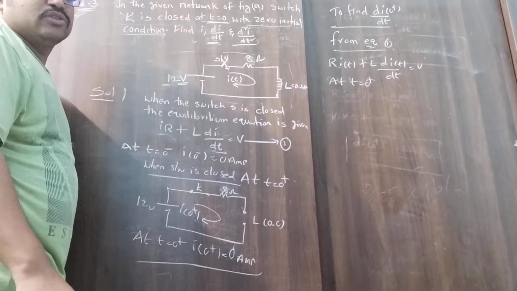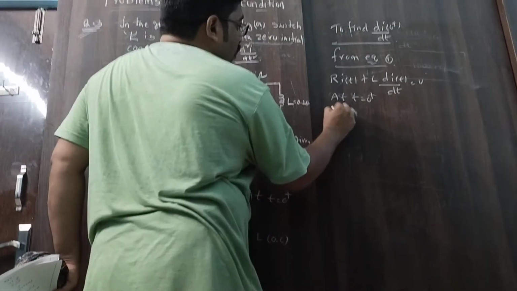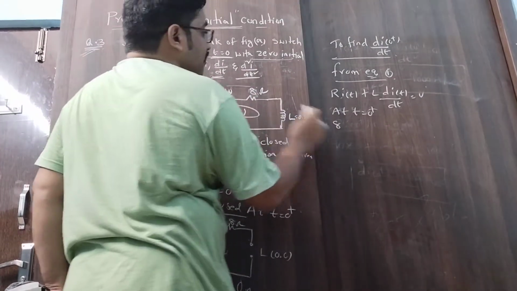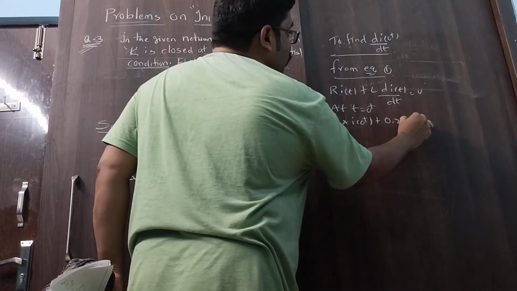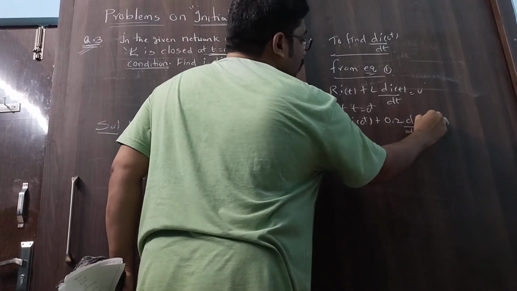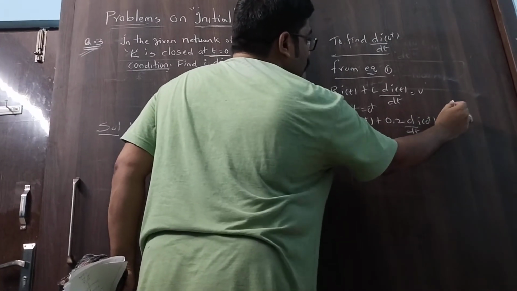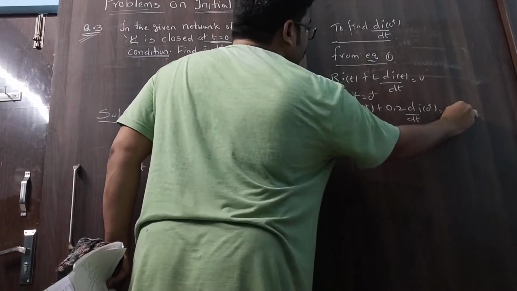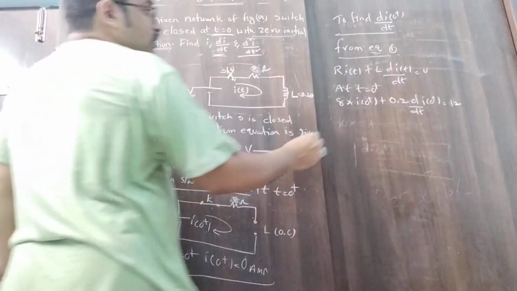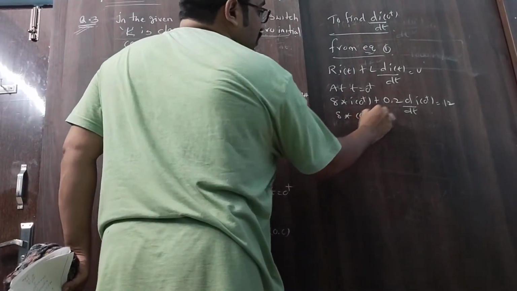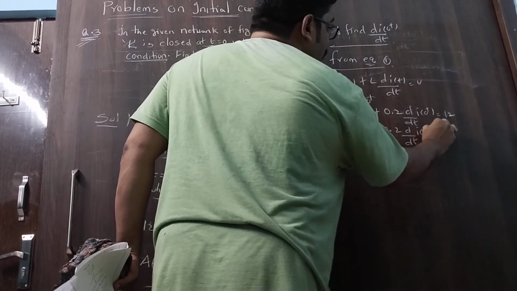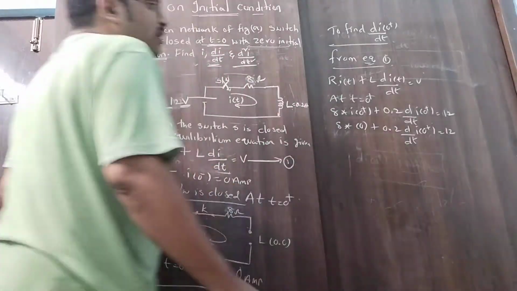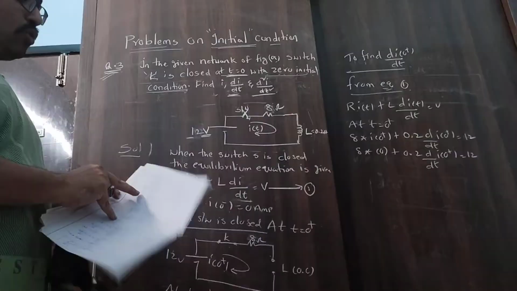The value of R is 8, L is 0.2, and V is 12. So 8 into I of 0 plus, which is 0, plus 0.2 into d by dt of I of 0 plus is equal to 12.